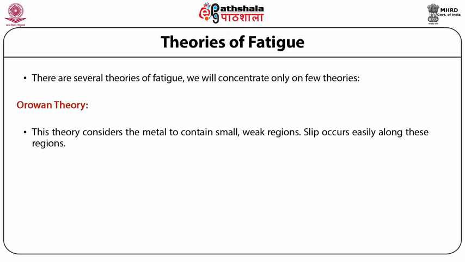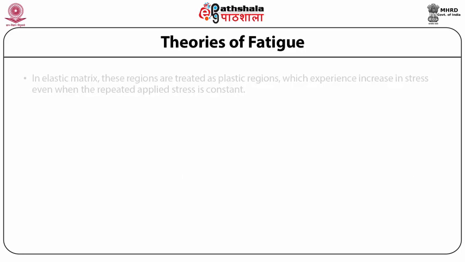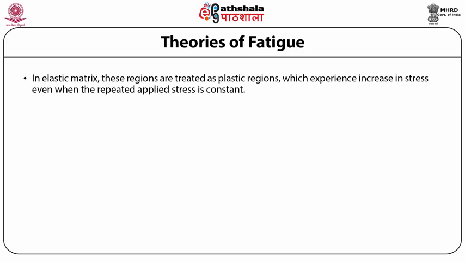Slip occurs easily along these regions. The metal also contains impurities, that is, inclusions, which act as notches and cause stress concentration around the inclusion, obviously. In the elastic matrix, these regions are treated as plastic regions, which experience increase in stress even when the repeated applied stress is constant.